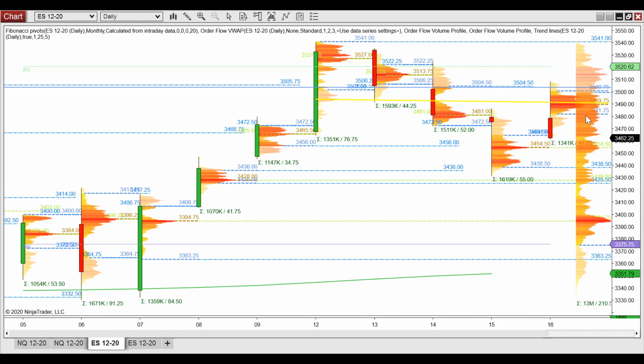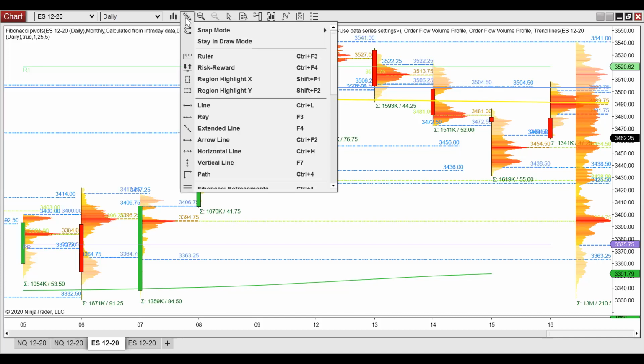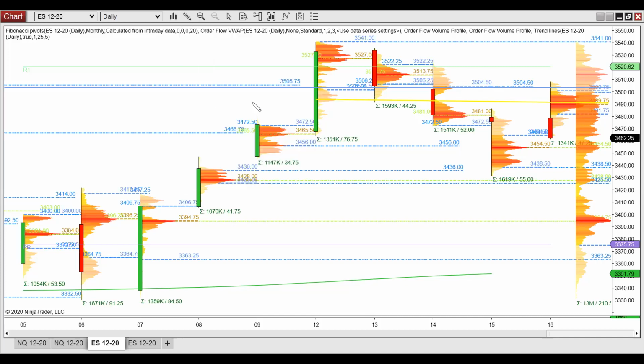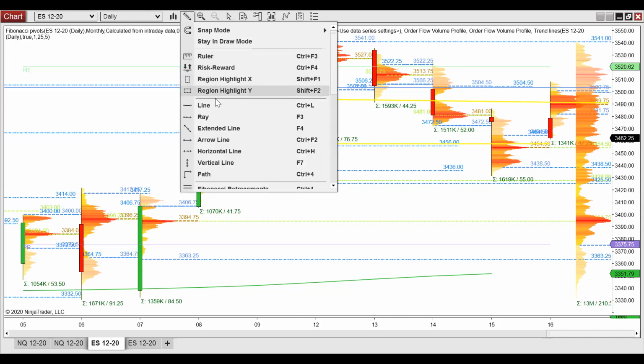So that's going to be like 3480 or something. Another thing is that you need to make these lines and pay attention to them, because they're really helpful for looking at targeting areas on the profile. So 3450 could be another possible support.